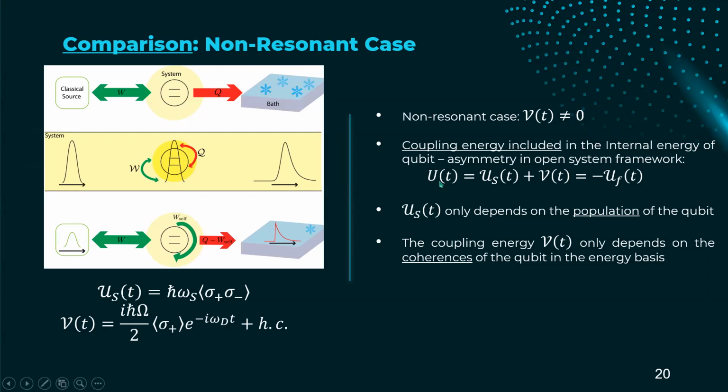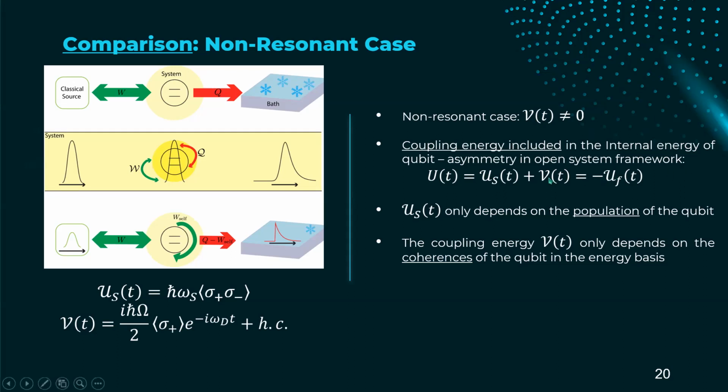But here, what we see from the bipartite approach is that, from using the energy conservation, the internal energy, the way it's defined in the open approach, is the negative of the field energy that is defined in the symmetric, the bipartite approach. You see? So the internal energy is basically all the energy given by the field.